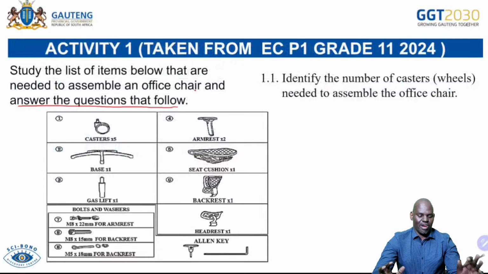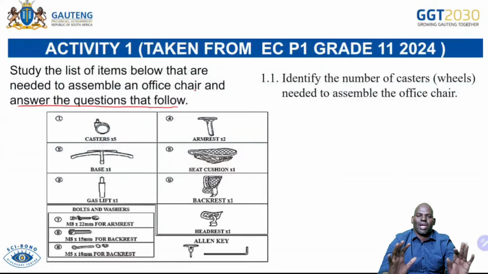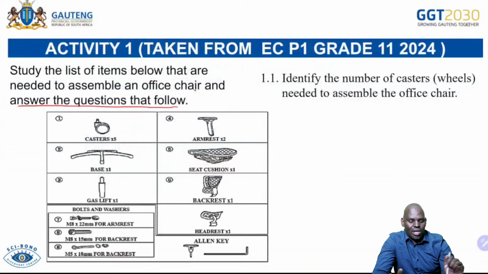What is very important in this type of question is that whenever you're given a picture, items, or different parts, you study the given parts thoroughly, so that you don't miss anything when they ask you a question. These are the different parts that are given.